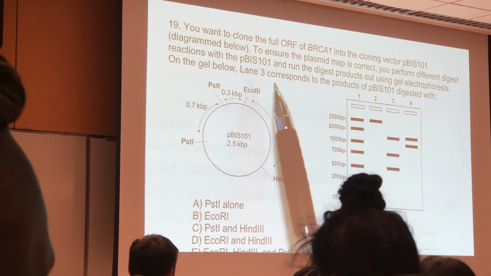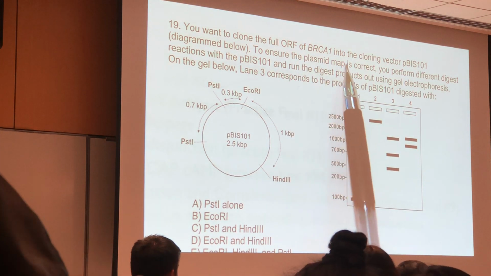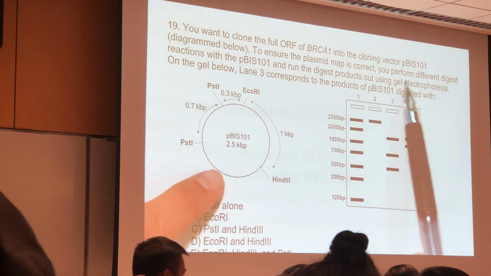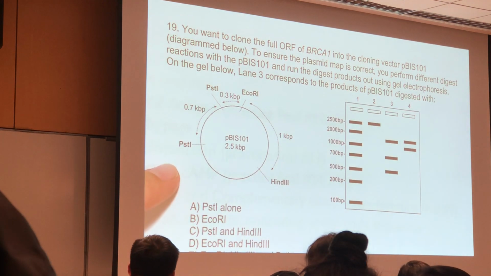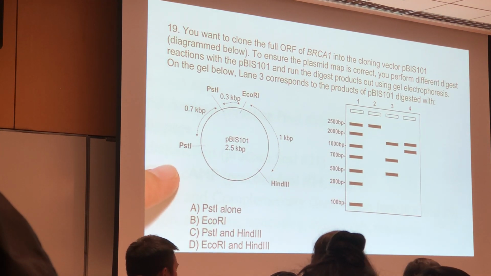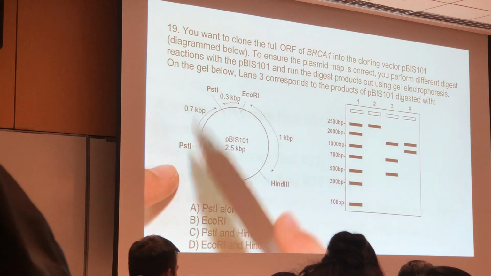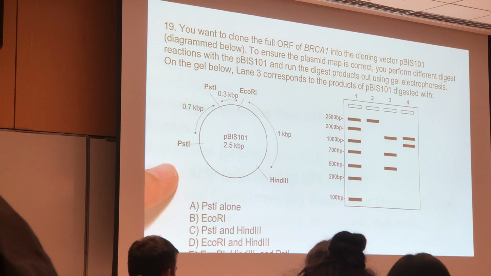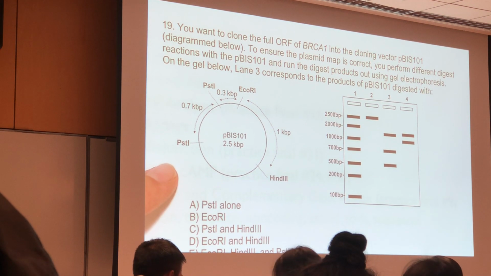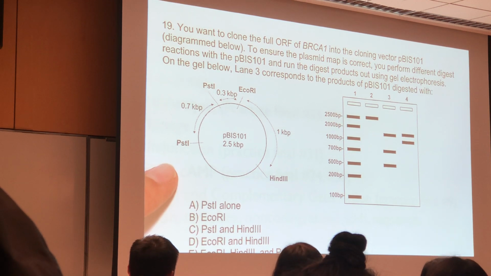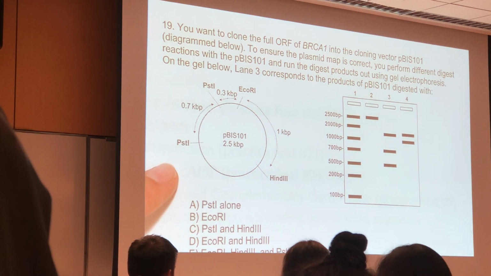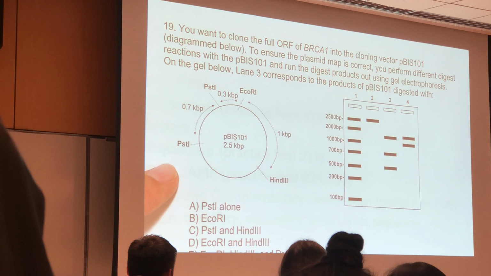You want to clone the full open reading frame of BRCA1 into the cloning vector of pBS1. Here's the cloning vector. To ensure this plasmid map is correct, you perform different digests and run the digest products out. It's asking, in lane 3, what enzyme did you cut this with?